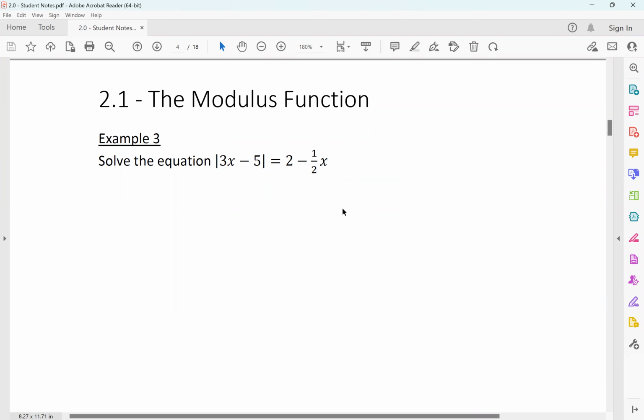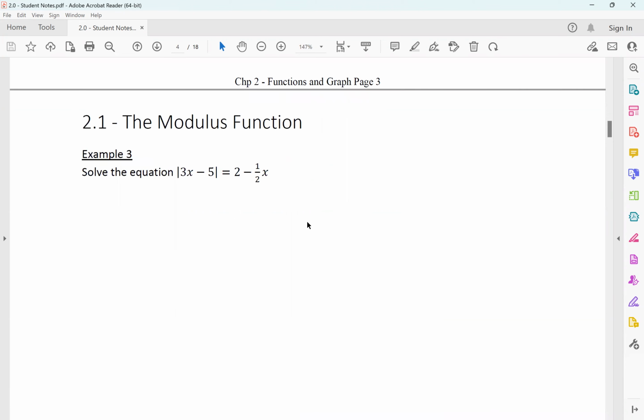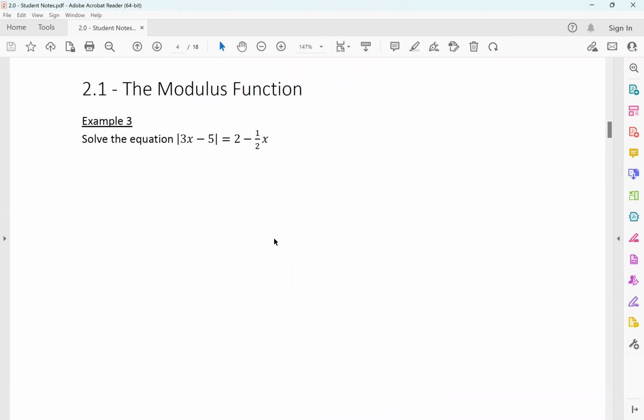If we look at it graphically, I'm going to show you two ways. We're going to sketch y equals modulus of 3x minus 5. We'll break the equation into two halves, and we're also going to sketch 2 minus a half x in together.